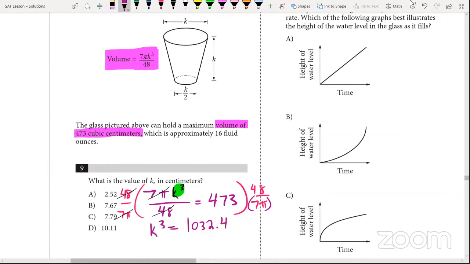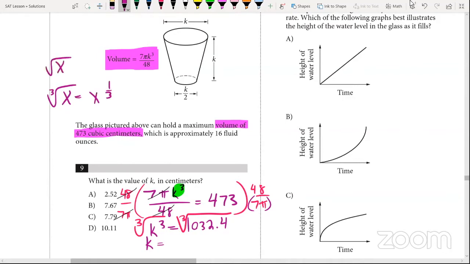1032.4. Now we can just take the cube root of both sides to get rid of the cubed on k cubed. And so now the cube root of k cubed is just k. And the answer is the cube root of 1032. Now again, on your calculator, how do you take a cube root? Cube root of a number is the same as that number to the 1/3 power.